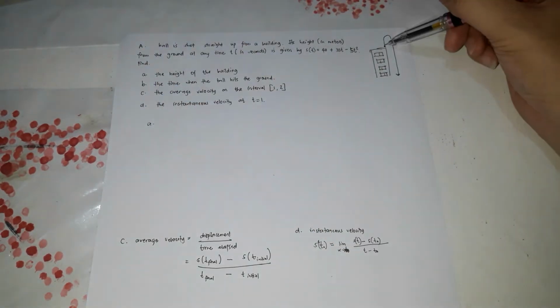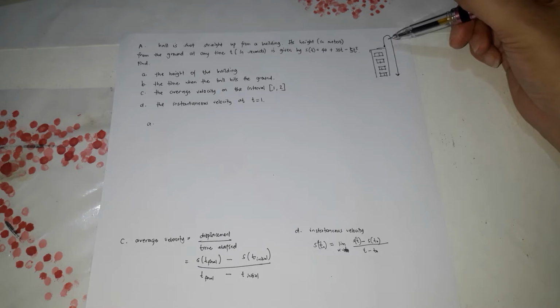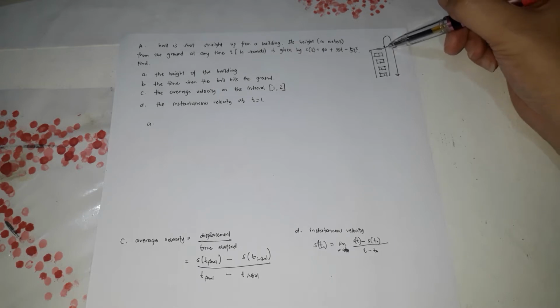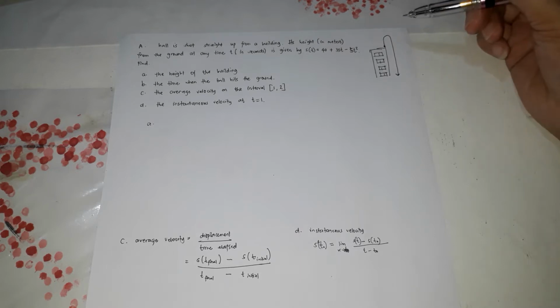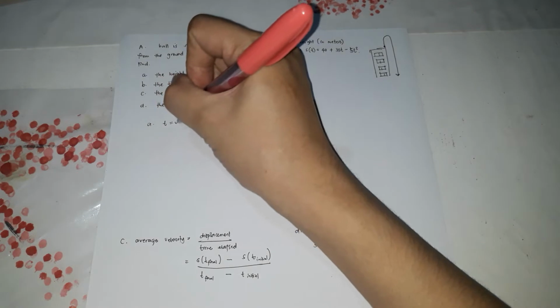Kasi di ba, at the start of the throw pa lang, doon mo malalaman yung height ng building. Kung gaano kataas ang bola at the start, yun ang height ng building. So, ibig sabihin yan, the time is 0.